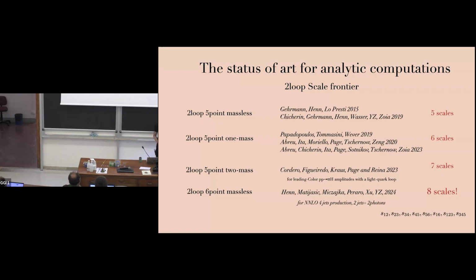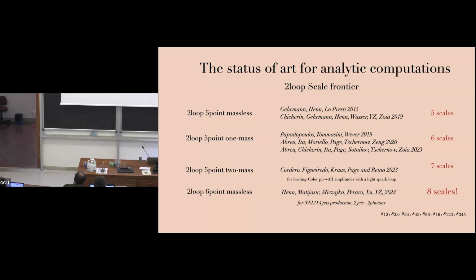And recently, there's a 7-scale canonical differential equation computation for Feynman integrals. The purpose is to do the t t-bar H amplitude, but this is one particular sub-process of that. And our work, this two-loop 6-point, is a scale frontier. That's 8 scales, 8 variables, namely, you can call these independent variables.